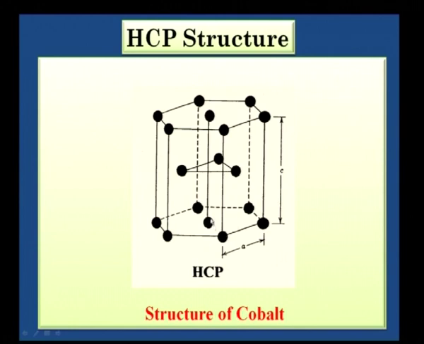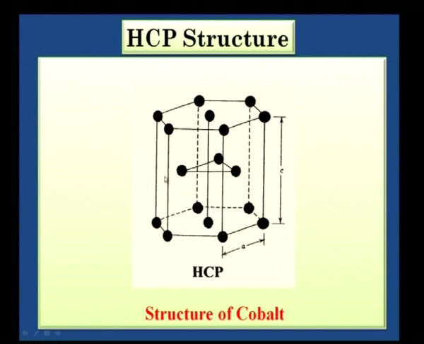Then there will be 3 atoms in the middle plane. Where do you find these atoms? It is from the centroid. You will have a triangle; I will show the triangles later. From the centroid of a triangle, at a distance of c by 2. What is c? c is the distance that separates the top plane and the bottom plane, right, the c axis, and this is called the mid plane.